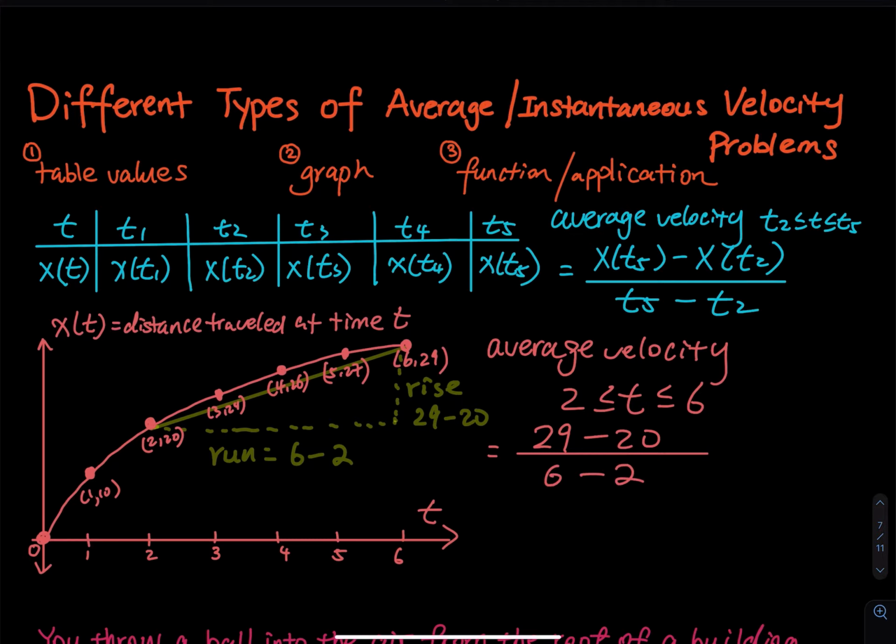I didn't say the distance unit, so let's say the distance is in feet, or meters, whatever you like to use. That equals 9 over 4. Let's say this is in feet and this is in seconds, so 9 over 4 is feet per second. Feet per second, not second. So let's change that to feet per second. Okay, so that's how you do it.